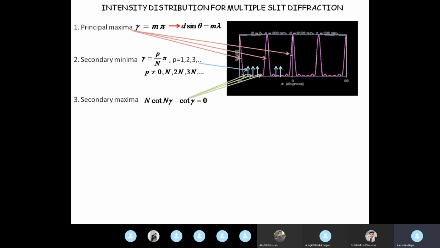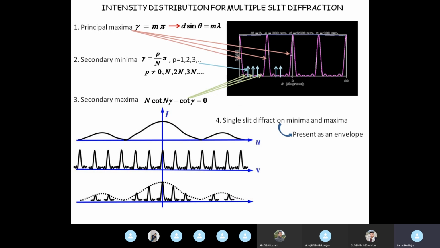All right. Now we must not forget, of course, our single slit diffraction minima and maxima governed by the sine square beta by beta square term, and we must remember that this will always be present as an envelope. So this is the final pattern that we have. This is the pattern of the central region where we have not considered the single slit diffraction term.